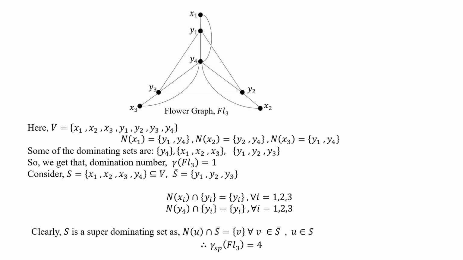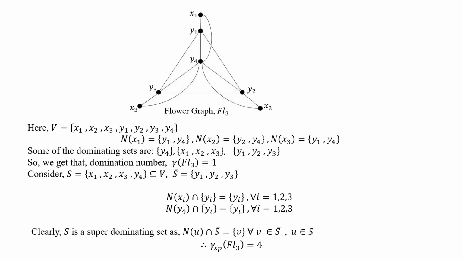The vertex y4 is common to all the neighborhoods, and corresponding to N(xi), there exists a yi where i equals 1, 2, and 3. Some dominating sets here are {y4} and {x1, x2, x3, y1, y2, y3}. So the domination number is 1 because it is the minimum cardinality.